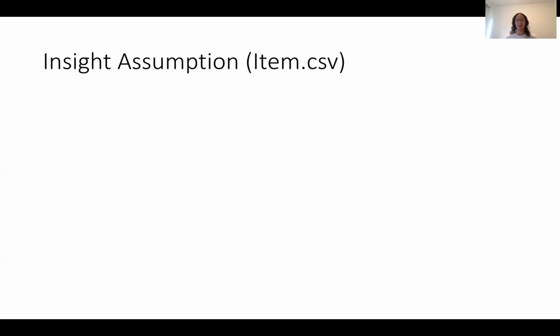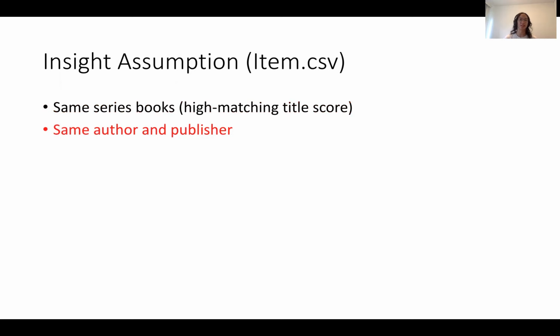So there are some inside assumptions we make before we do the recommendation. From the item CSV, first, books in the same series should be recommended to the customer. Second, books by the same author and publisher should also be recommended. Third, books with the same topics and subtopics should also be related to each other.